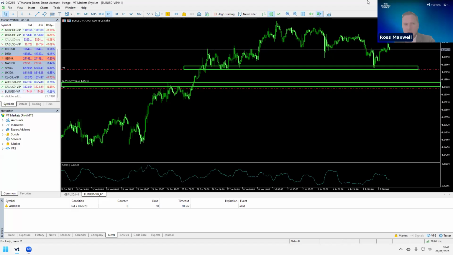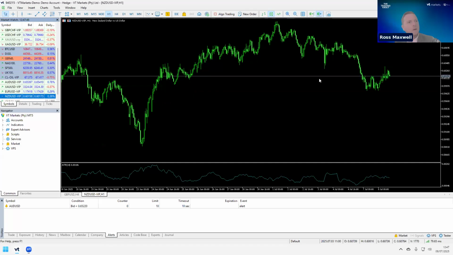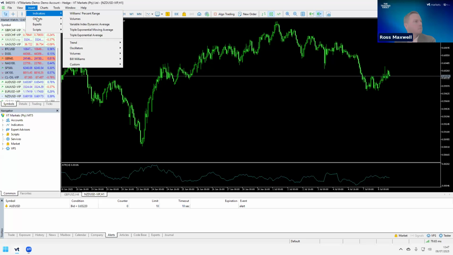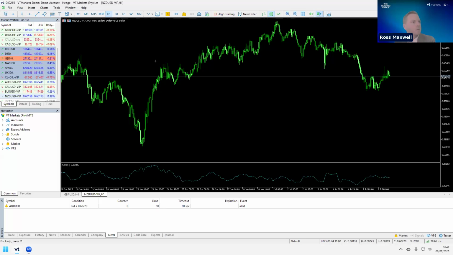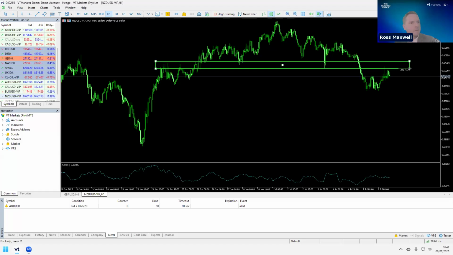I'll quickly show you a short trade on New Zealand dollar, US dollar, which I was looking at yesterday, which was this area here.